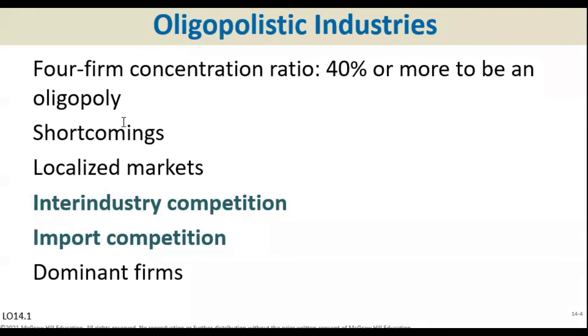But there are some shortcomings when you look at the ratio to identify the type of market you have in front of you. Right? The calculation of the ratio takes into consideration the national data.